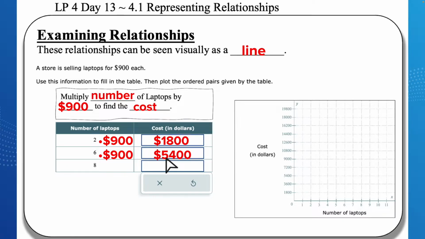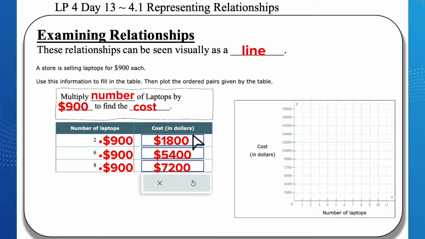If I sell 8 laptops times 900, then I have $7,200. So this is our variable. The number of laptops is what's changing. What doesn't change is the cost. They're $900 every time. And then this is our output, the total cost.